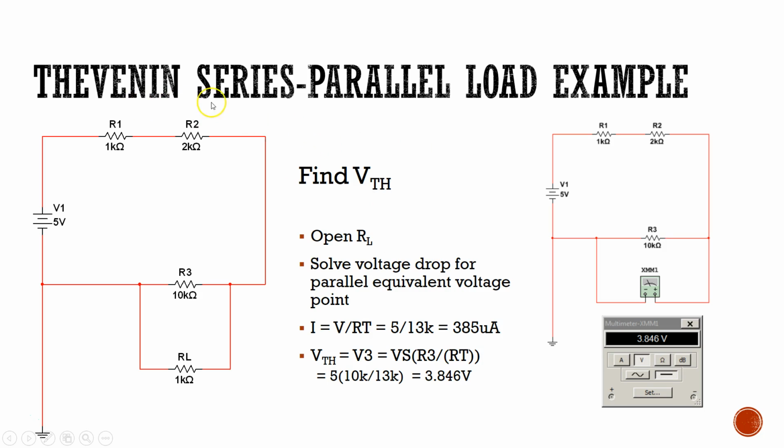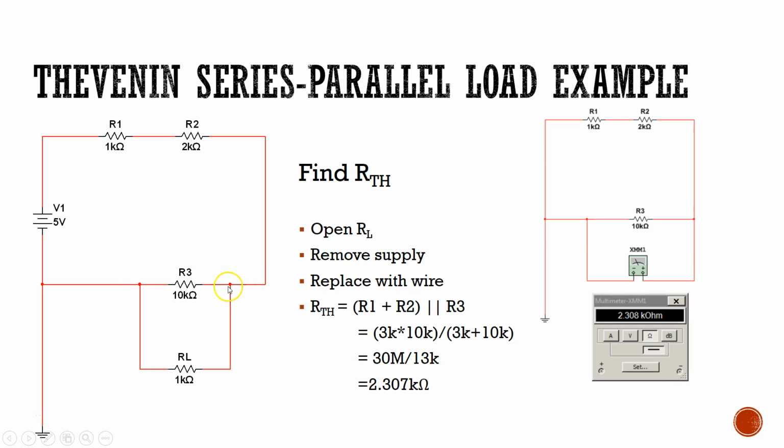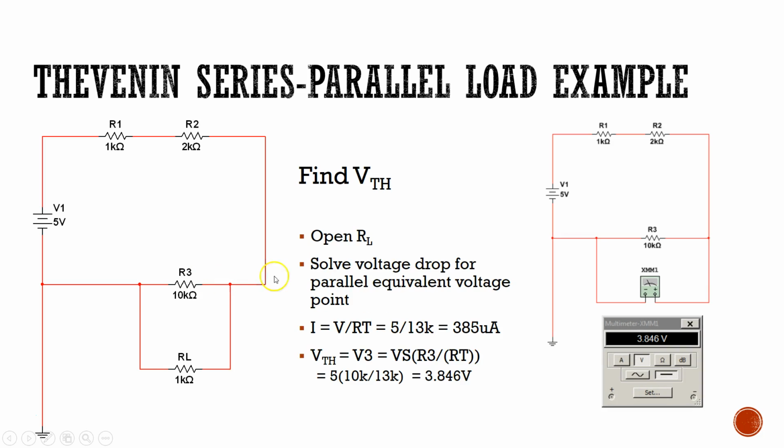As a Thevenin series circuit with a parallel load, our first step here is to find VTH. To find VTH, we open RL and solve for the voltage drop for the parallel equivalent voltage point, which would actually be these 2 points here.